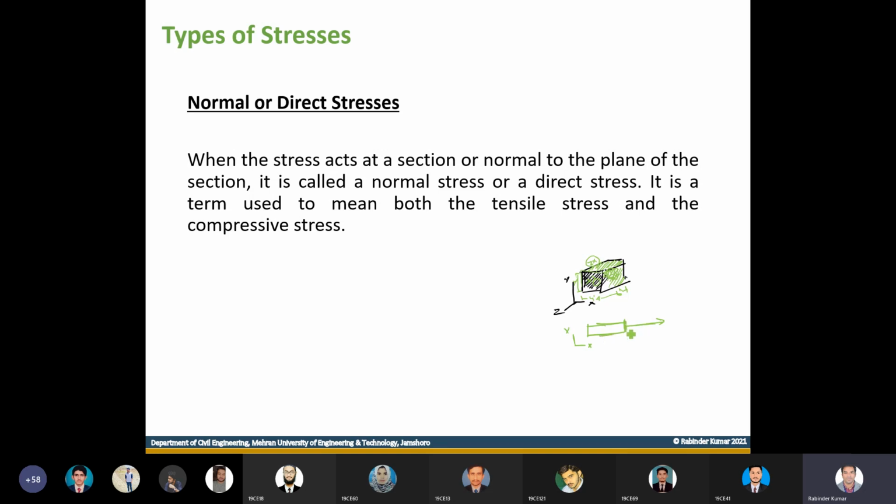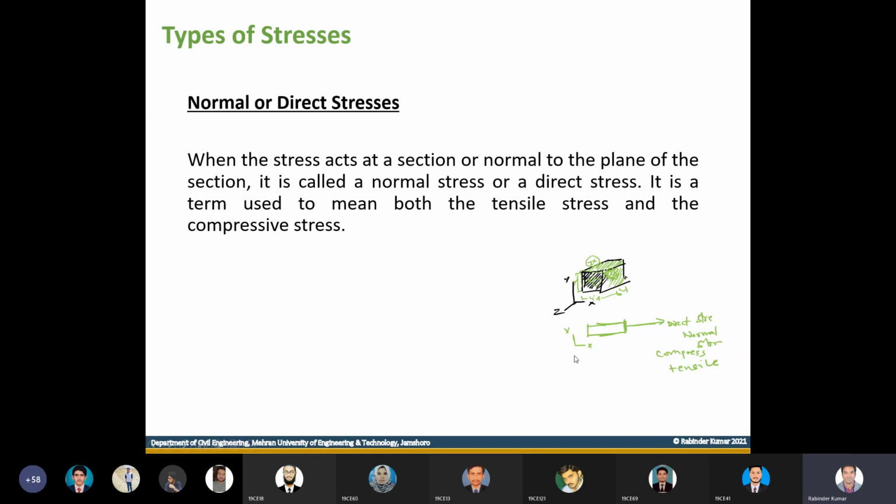This force is perpendicular to this plane, so this means that is direct stress or normal stress. So this can be compressive, this can also be tensile. Simple.